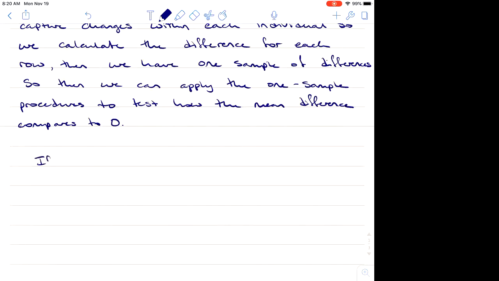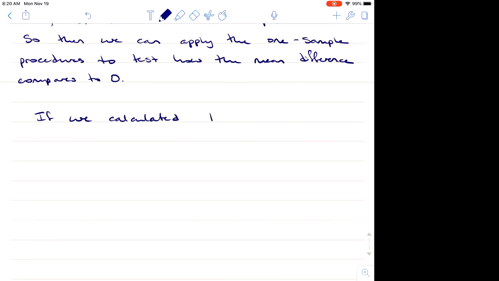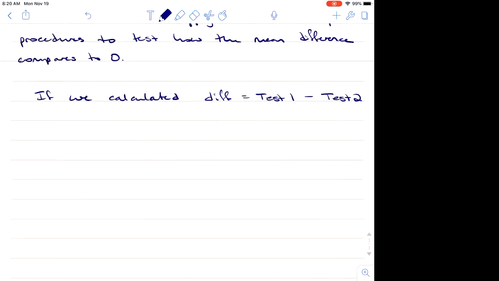So if we calculated the difference as test 1 minus test 2, a difference equal to 0 means that test 1 equals test 2.